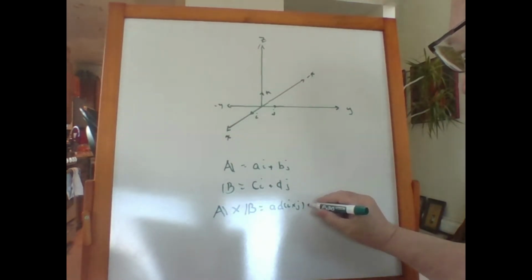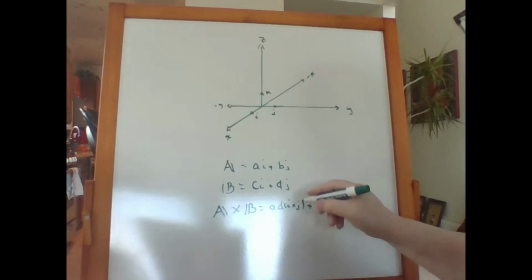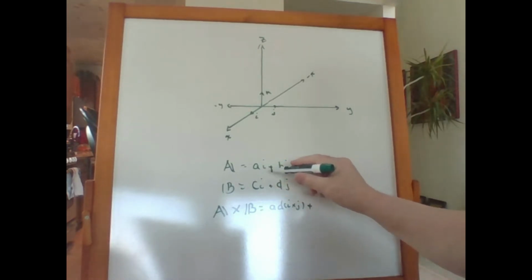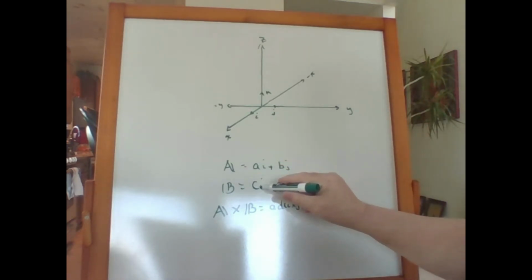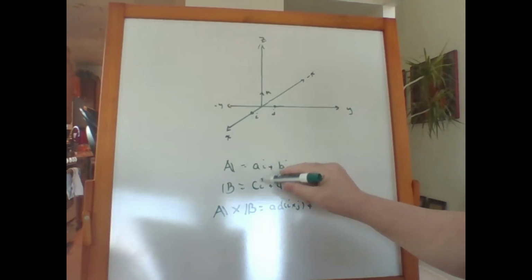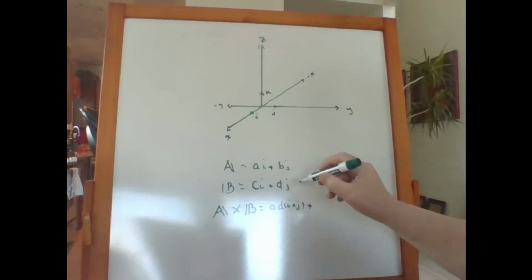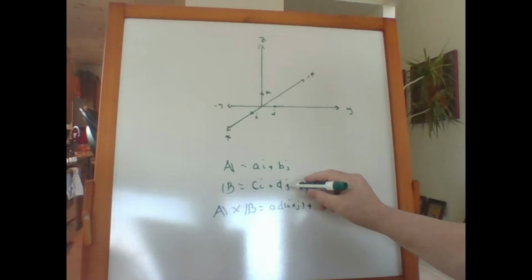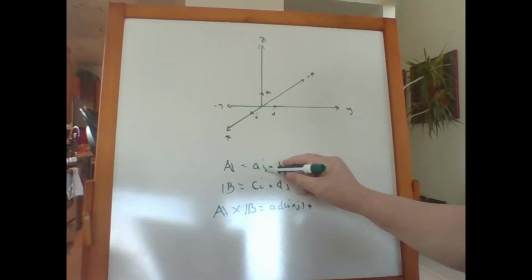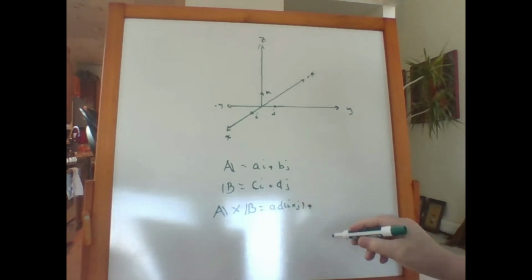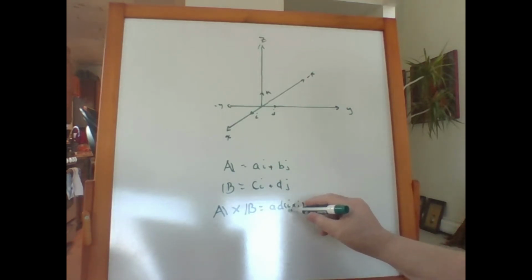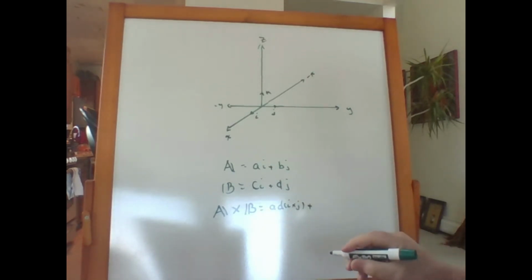So we looked at ai cross ci is 0. ai cross dj yields a real component.